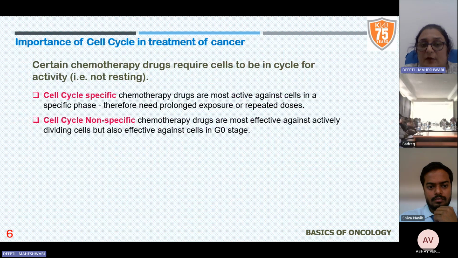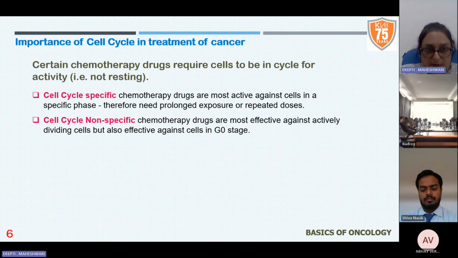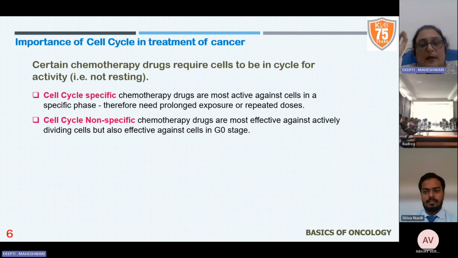Cell cycle non-specific chemotherapy drugs are most effective against actively dividing cells, but also effective against cells in the G0 stage. So cell cycle non-specific are chemotherapeutic drugs which can act on any phase of the cell, including the G0 phase. So cell cycle specific drugs are specific to a particular phase, but cell cycle non-specific drugs can act on any phase of the cell cycle, including the G0 phase.